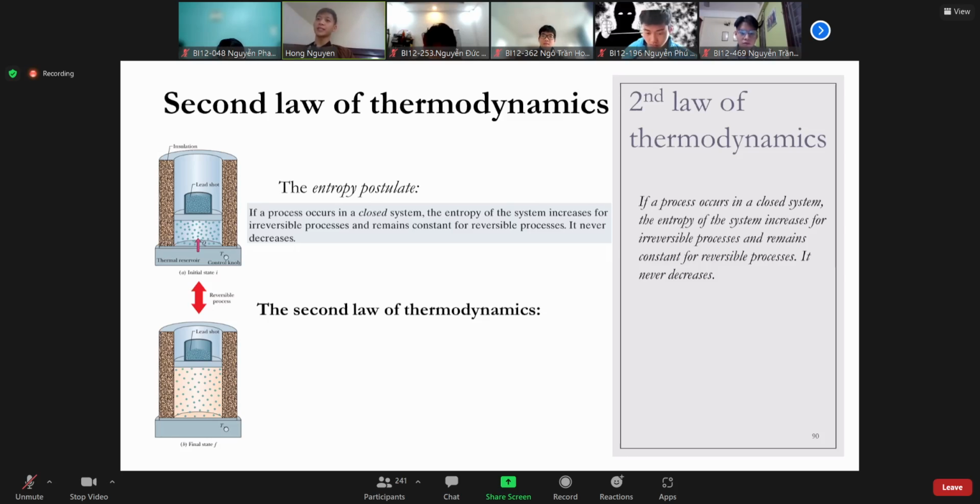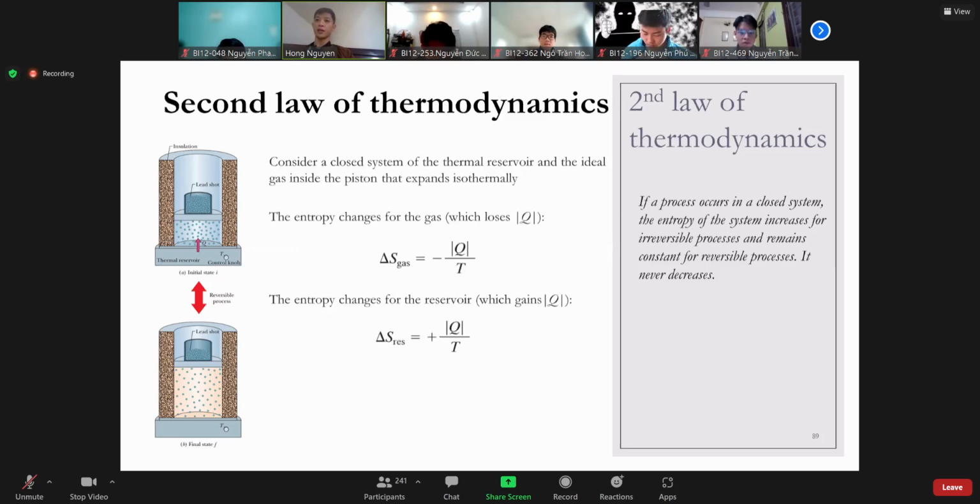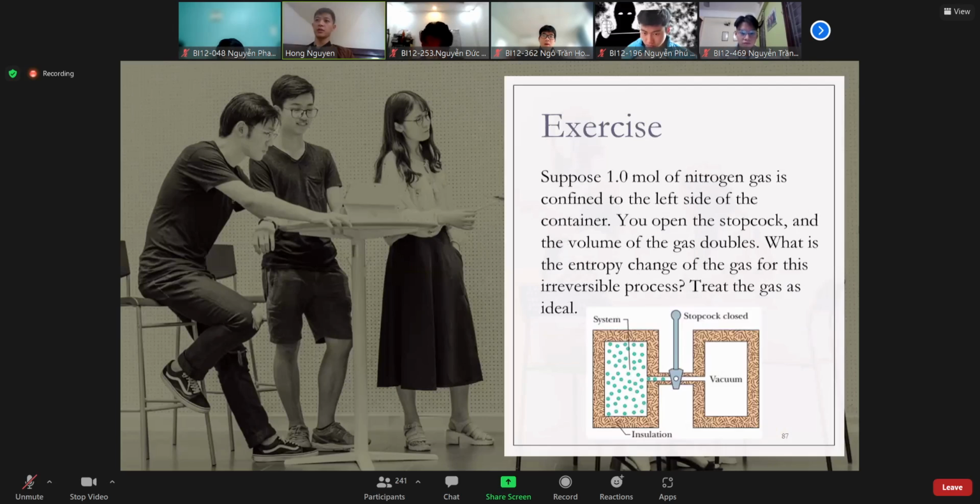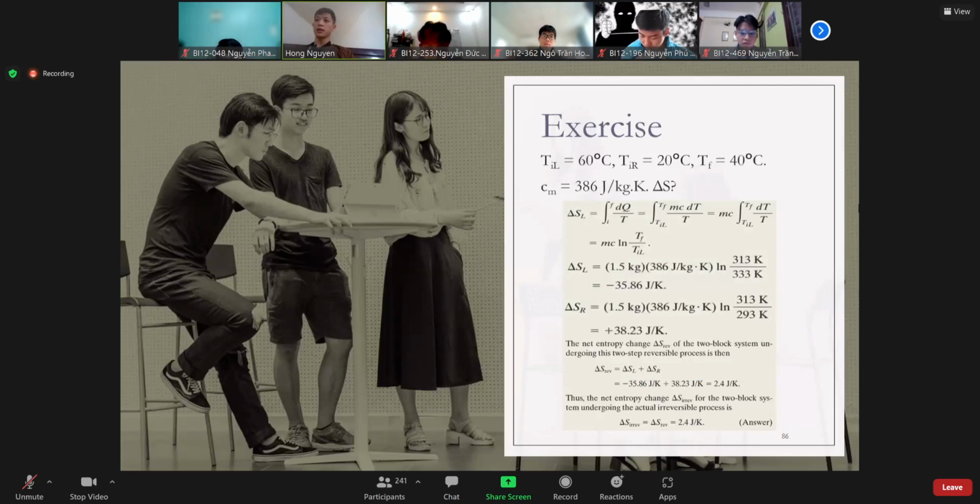In our exercise that I gave you here, you see that the change in entropy is negative because we consider a gas as an open system. But if we consider the gas and the reservoir together, then we will have a closed system.